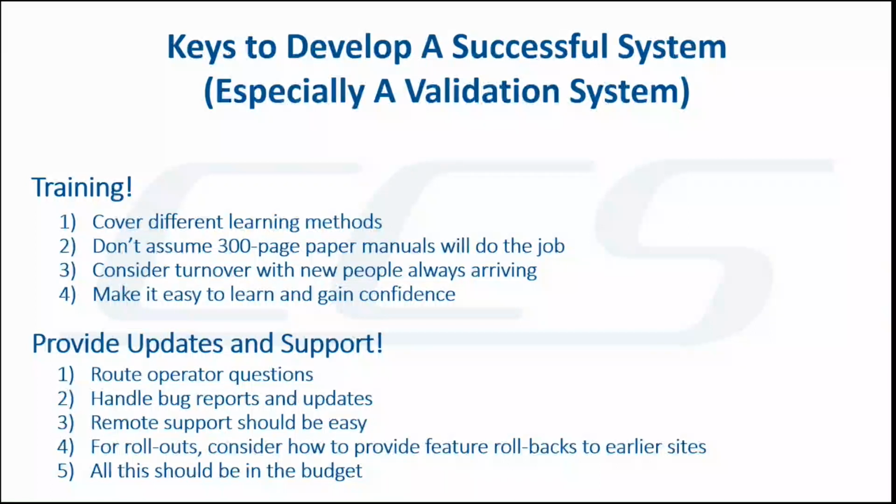Site number five is going to have all the features, and site number one is not going to have all those features. So you'll want to have a plan to go back and make sure everyone is at the same level. And this should all be in the budget. This should all be a part of the plan, not just deployment and training, but also updates and support.